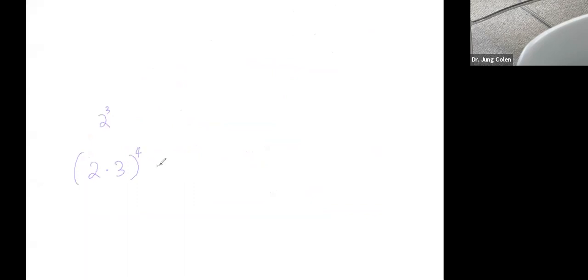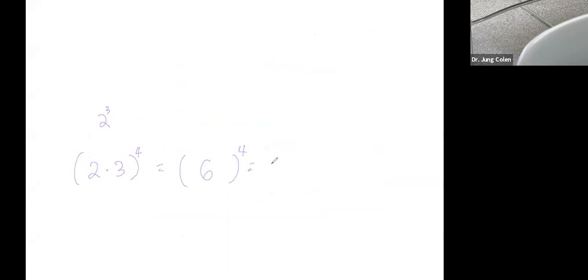So if you are given limited time, let's go like this: 2 times 3 to the fourth power. For example, if this is given, well, we usually do the parentheses first, 6 to the 4th, right?